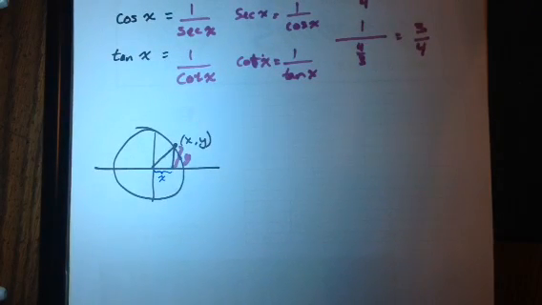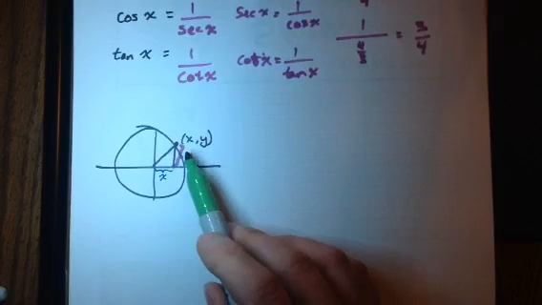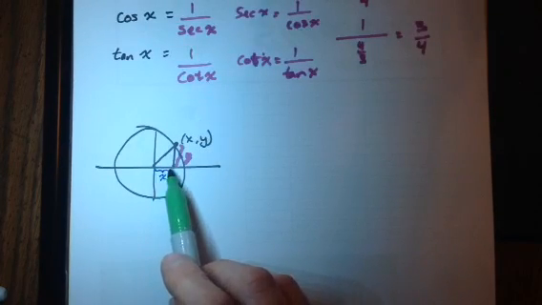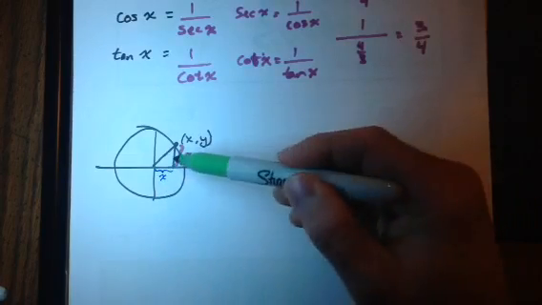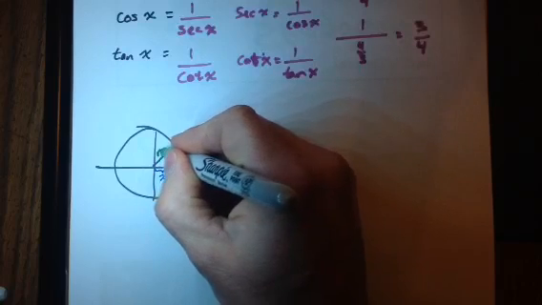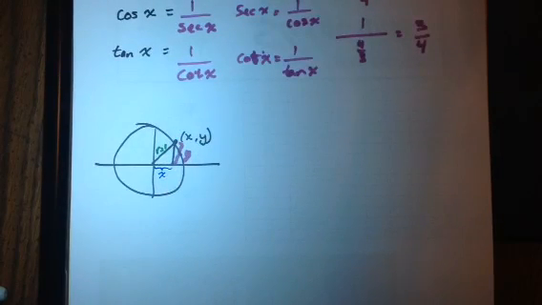Remember on the unit circle, we've got a point on the unit circle, we'll call it (x, y). And we said that the x is this distance on the triangle and the y is the vertical distance to that point. And the radius is 1.